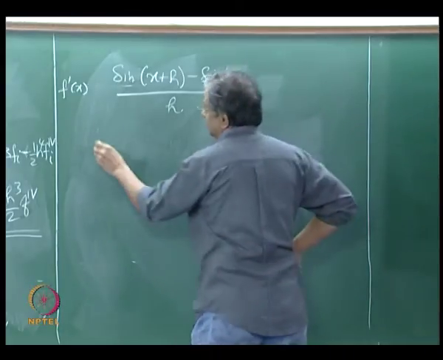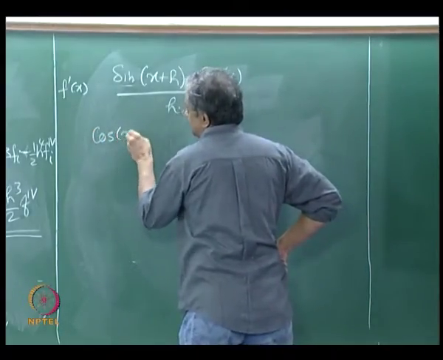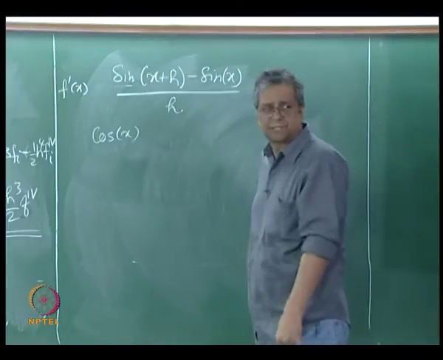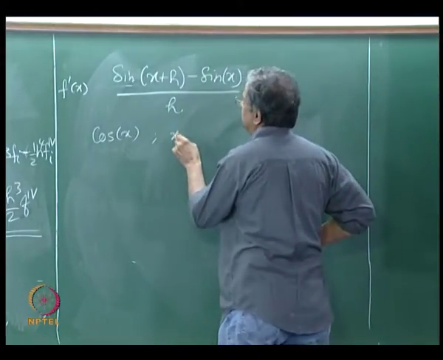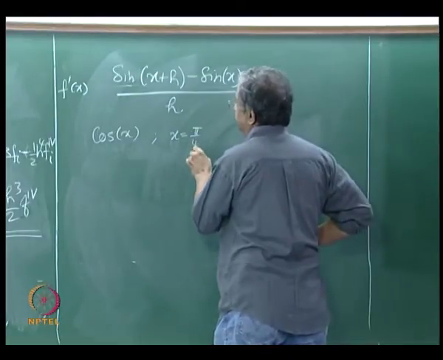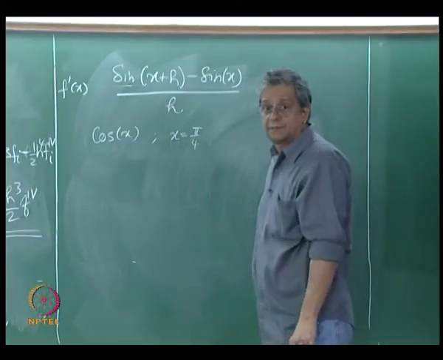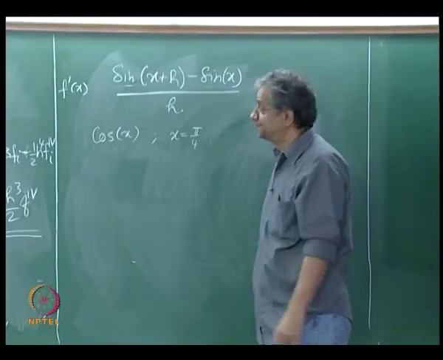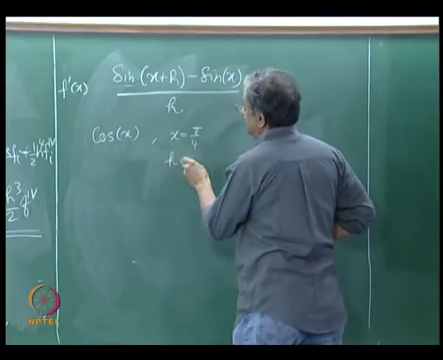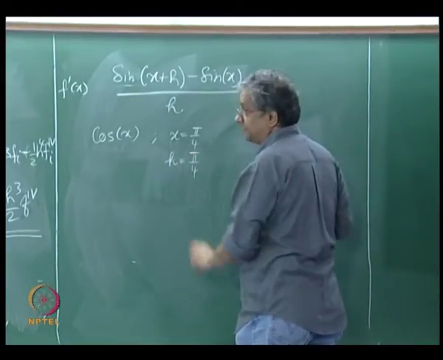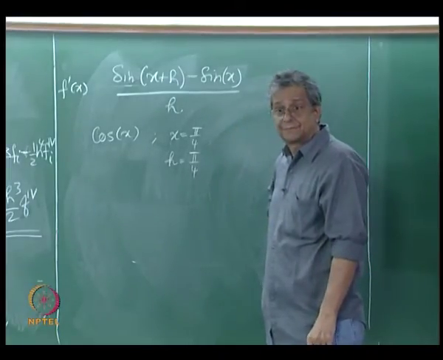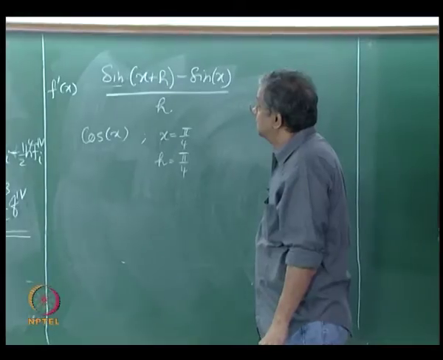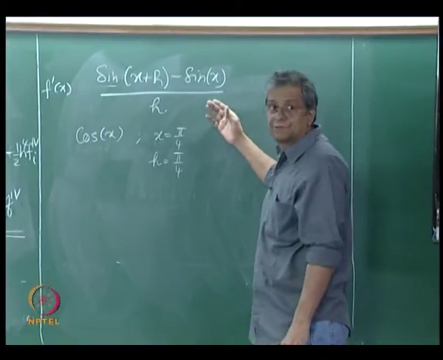You also know that the derivative is actually cosine x. Pick a value of x, say x equals pi by 4, and pick a value of h, say h is pi by 4, and evaluate this for different values of h.